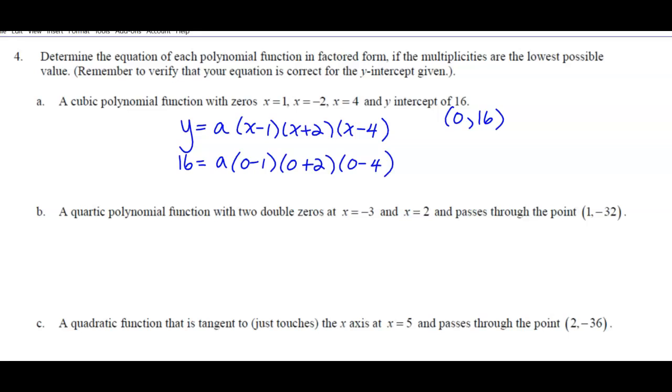Okay, so negative 1 times 2 is negative 2, times negative 4 is 8. So 8A, so A equals 2. Then always rewrite it.